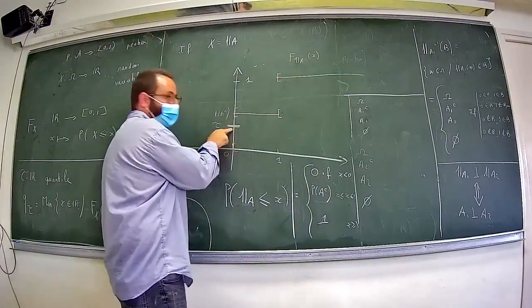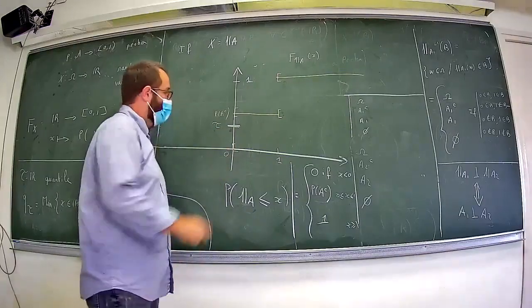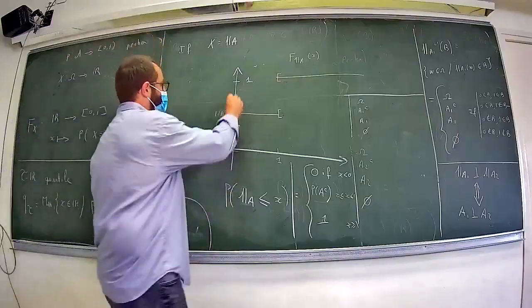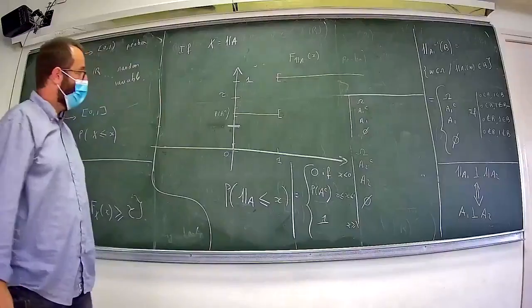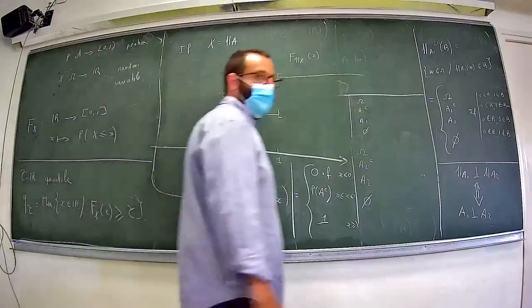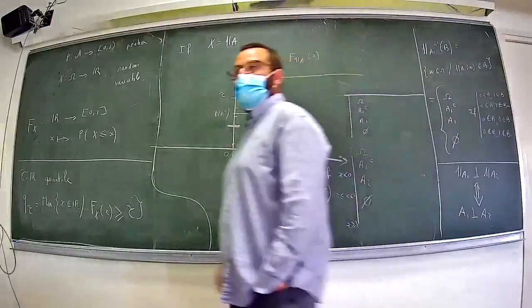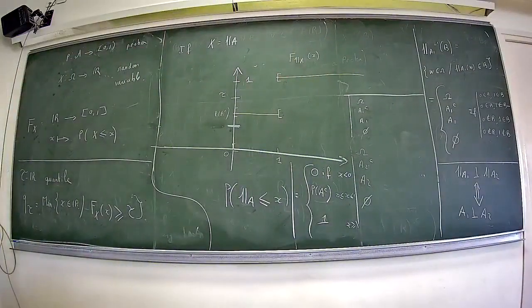So the tau quantile in this case is equal to 0. Okay? If I take tau to be here, for example, what will be the tau quantile in this situation? 1. And you have the two cases, 0 or 1, in this particular situation.